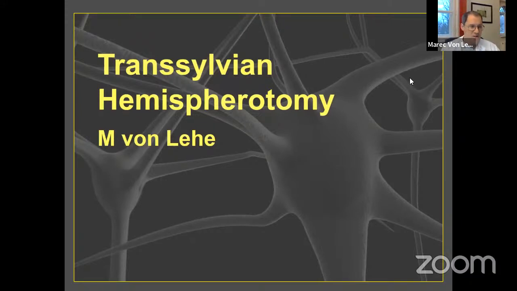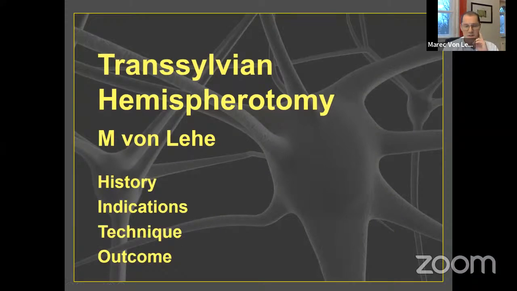It's a very interesting topic, very nice procedure, very interesting things around it, like pre-surgical workup, the seizure outcome. I will start this evening with the Transylvian approach, but first I'd like to introduce some historic things about the procedure. Just a few words about the indication for this kind of surgery.